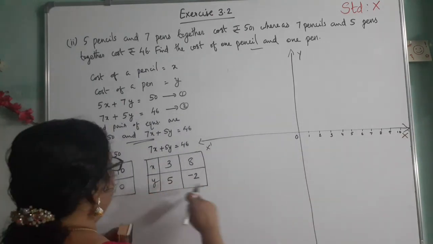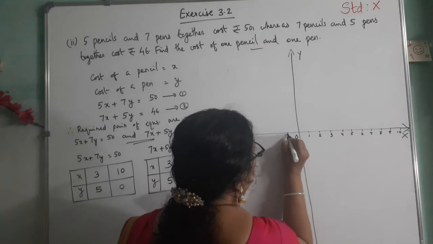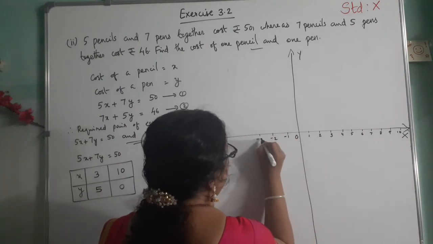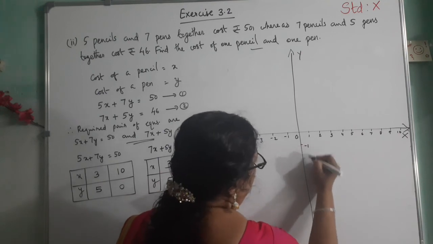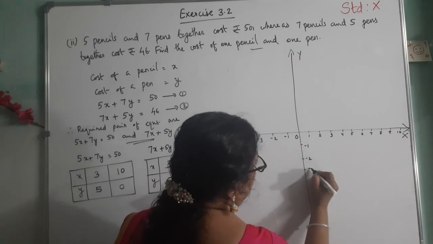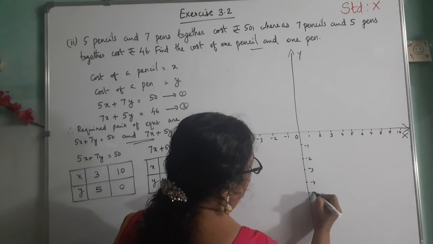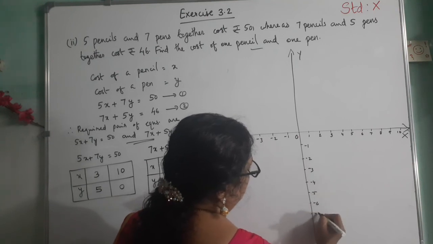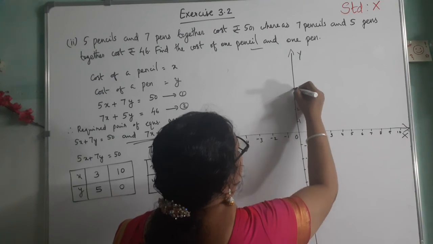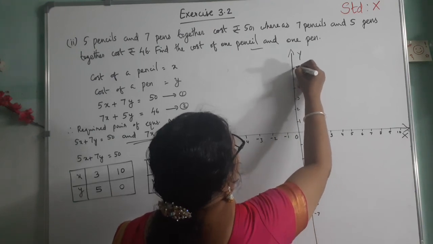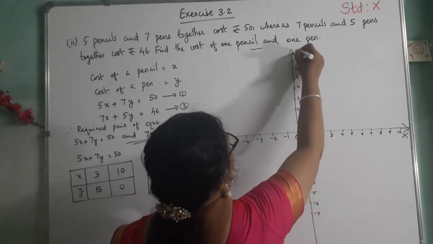Then y: here minus 1, minus 2, minus 3, minus 4, minus 5, below, minus 6, minus 7, and here above 1, 2, 3, 4, 5, 6, 7, 8, up to 8.